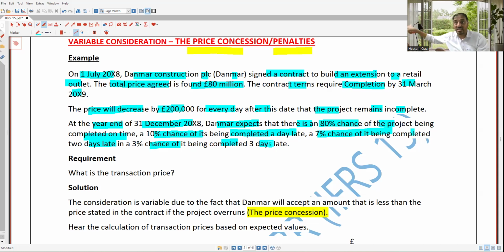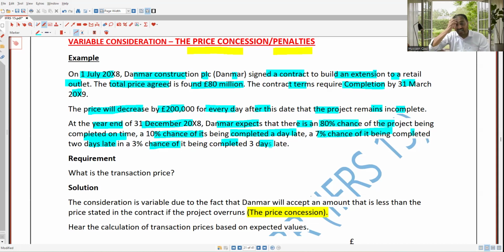So we cannot ignore this 20%. So yes, we have decided that delays may happen and we need to incorporate them with variable consideration.